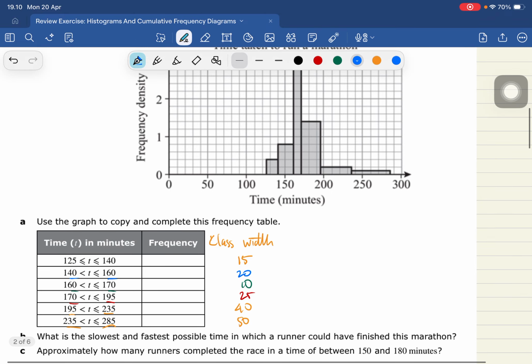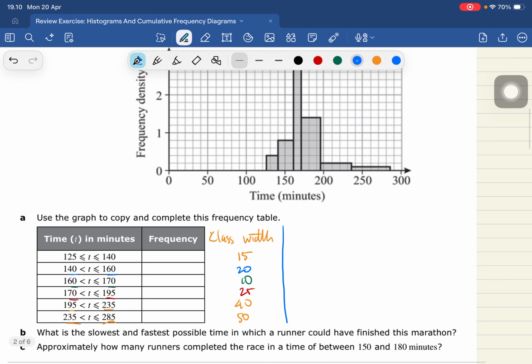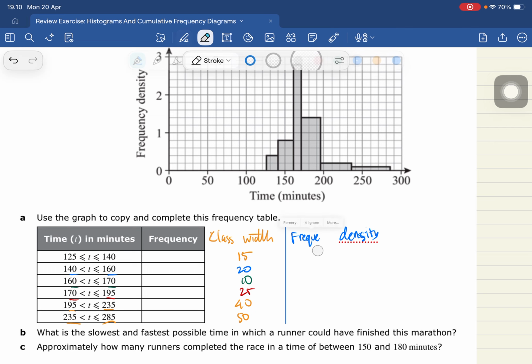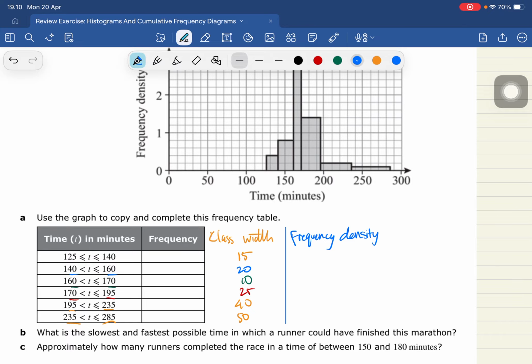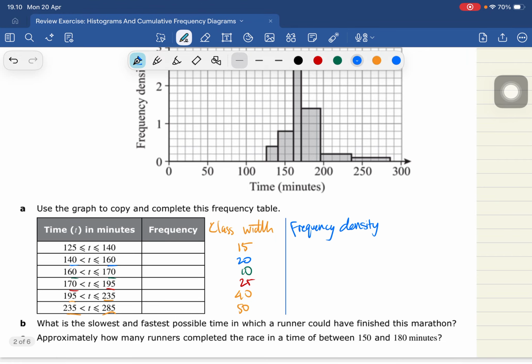Here, they provided to us the frequency density. Let's rewrite it. Frequency density: the first, from 125 to 140, is 0.4.